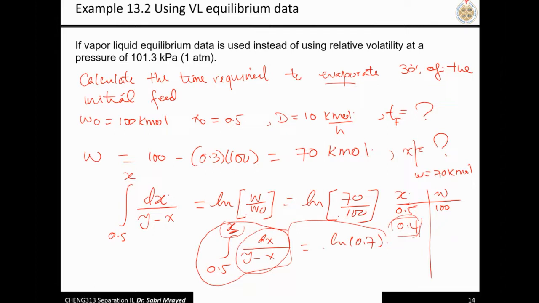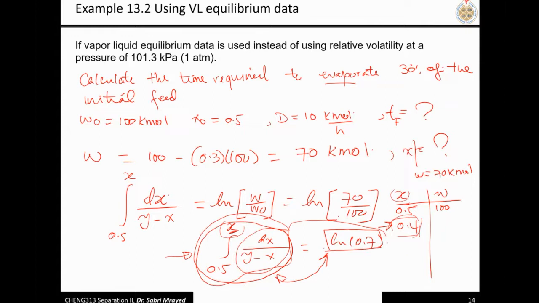Once you have 0.4, you can get this integration term, and you will see whether it gives you the same value as ln 0.7 or not. If it gives a very close value, that means this is your x. If not, you will need to go lower, maybe 0.35 or 0.3.